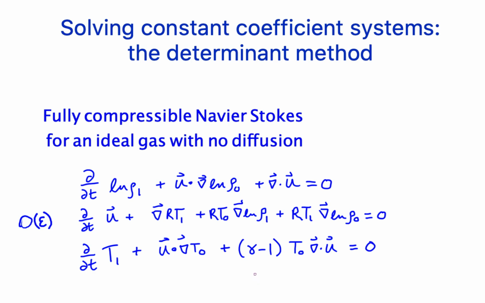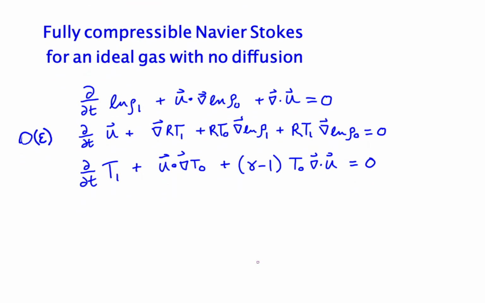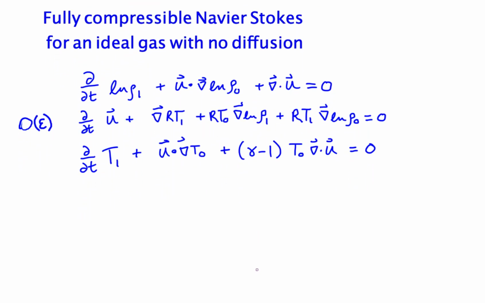The first thing that we want to do in solving this system is to consider the constant coefficient system. A constant coefficient system is a system that we can solve using pencil and paper, whereas a non-constant coefficient system will require numerical techniques. When we talk about coefficients in the equations, what we are talking about are the multiplicative terms that appear in front of our linear waves.